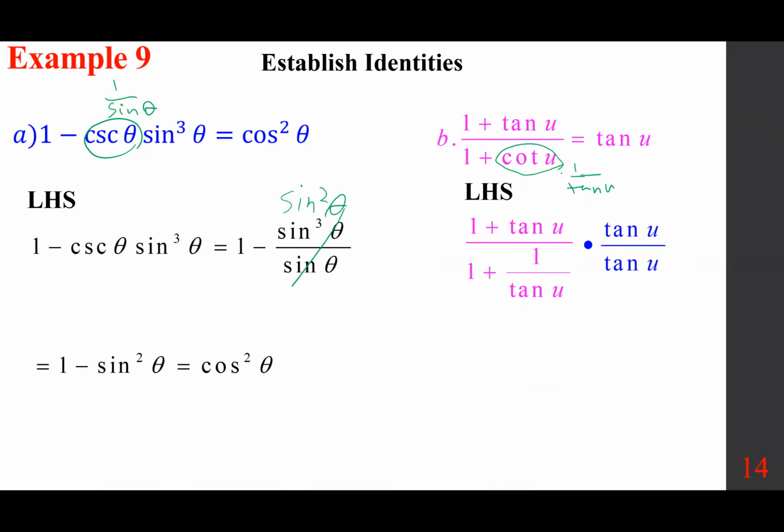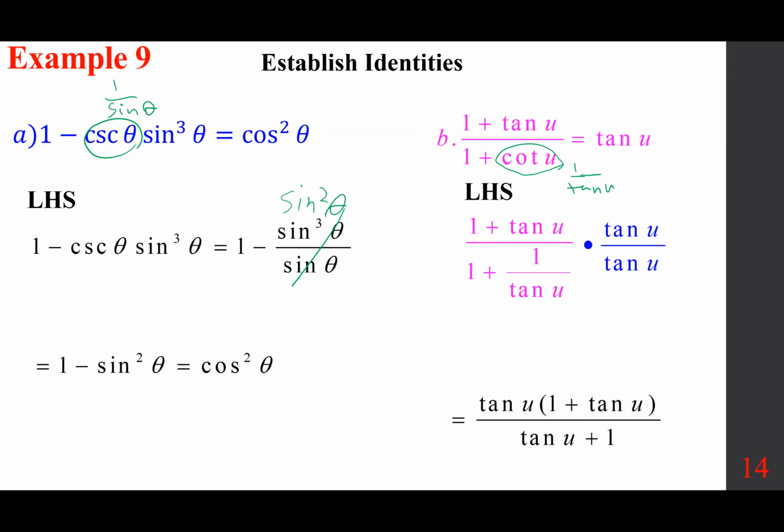So clearly the numerator, you just keep it as a product, tangent times 1 plus tangent, or 1 plus tangent times tan, doesn't matter. I hope you see that when you multiply the bottom, you get tan u times 1, which is tan u. And tan u times 1 over tan u becomes 1.